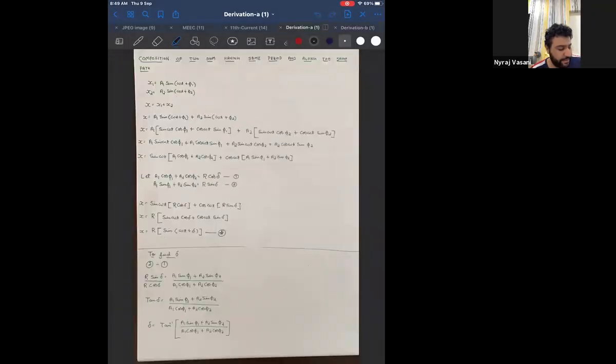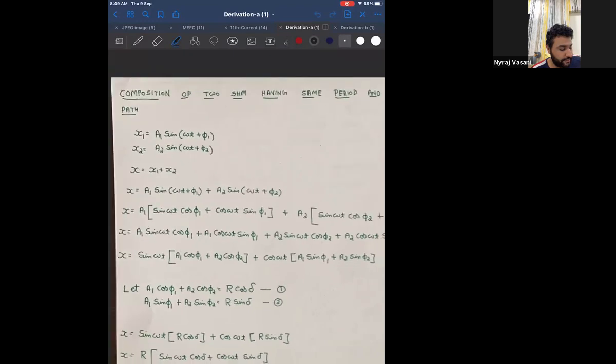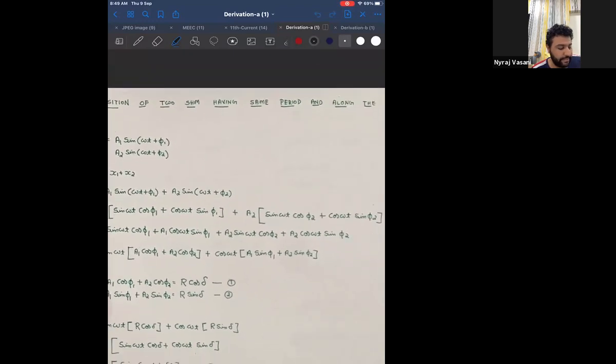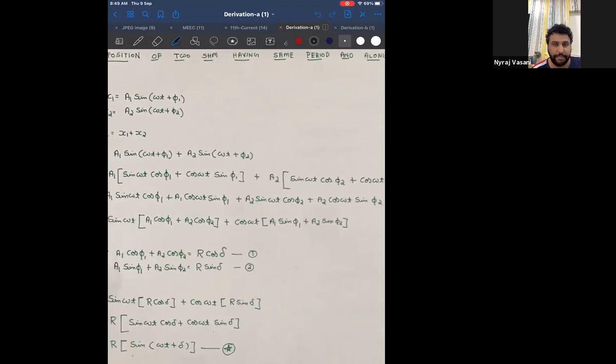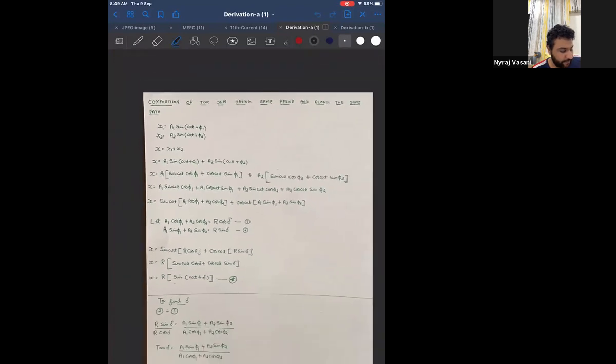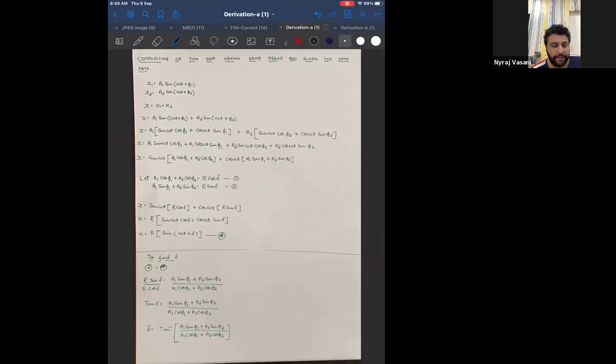So it starts from here. That it is composition of two SHM having the same period along the same path. This is your first page of your derivation.